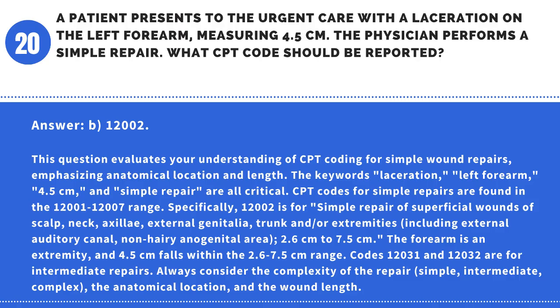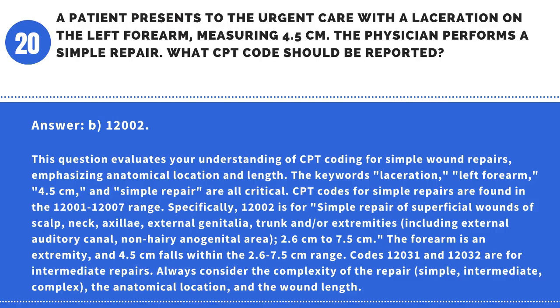The keywords laceration, left forearm, 4.5 cm, and simple repair are all critical. CPT codes for simple repairs are found in the 12001-12007 range. Specifically, 12002 is for simple repair of superficial wounds of scalp, neck, axilla, external genitalia, trunk, and/or extremities, including external auditory canal, non-hairy anogenital areas, 2.6 cm to 7.5 cm.